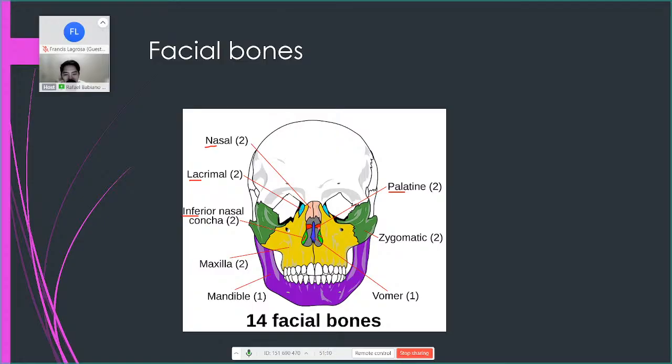Palatine right here. Okay, also in the nose area. Z, zygomatic. Cheeks. The cheekbone. Okay, zygomatic. Then Mama: maxilla, the upper jaw bone, and then the mandible, your jaw. And then last, the vomer. Okay. Nilapa si Mama V.